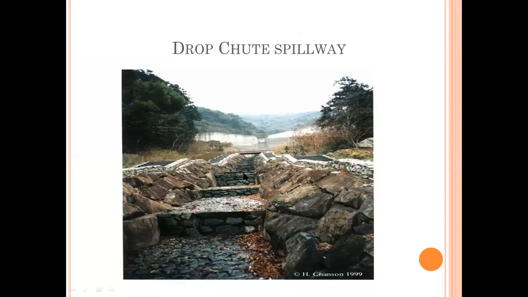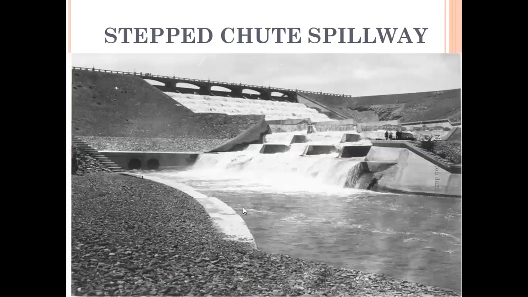These are the drop chute spillways. This is another chute. From here to here, the chute design is different, the steps are different, and from here to here, the chutes are also different. You can see these different chutes. So these are the chute channels.